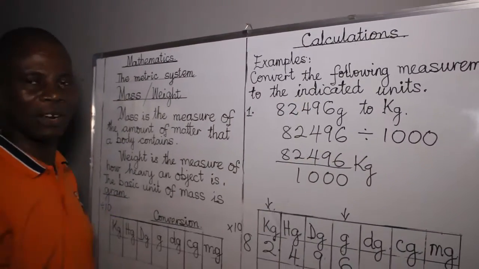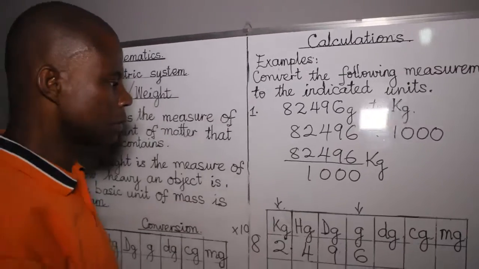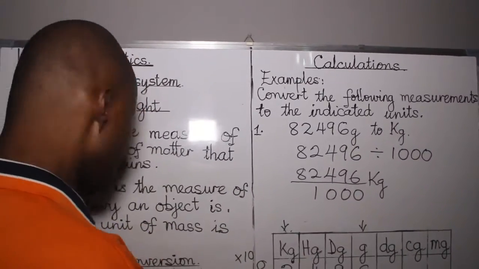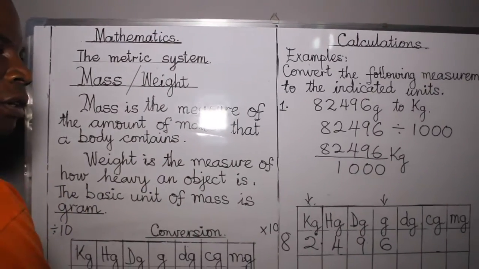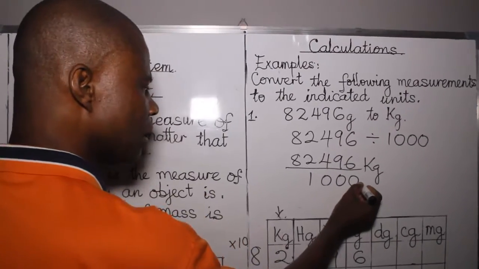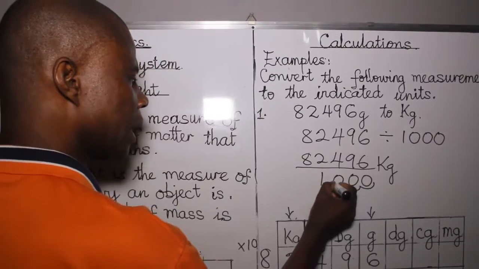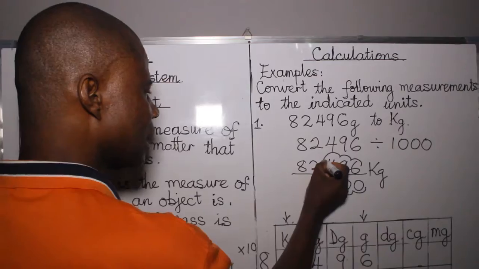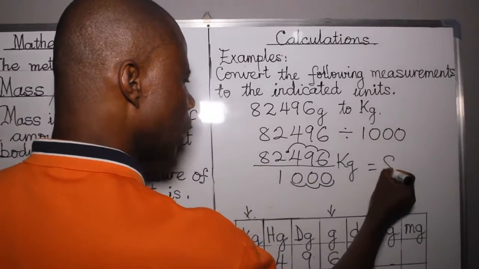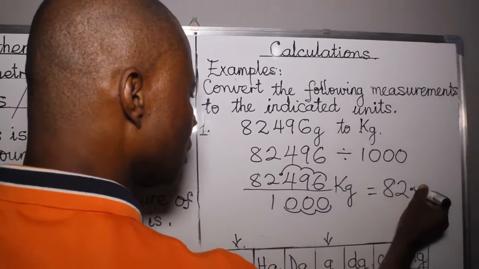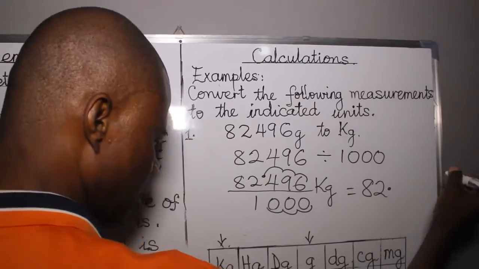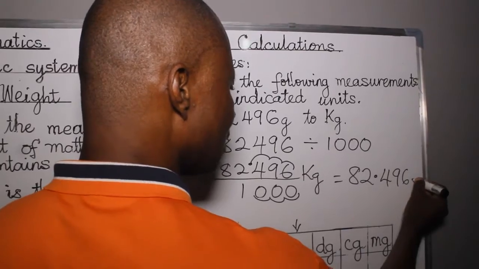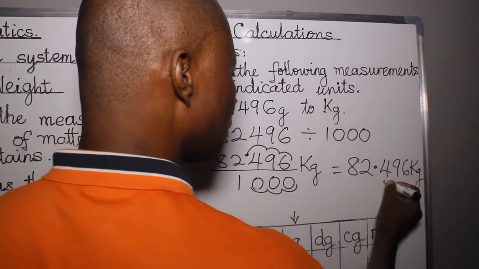Now my answer is in kilogram because I've divided. Before dividing it was in gram, but now it's in kilogram. When it's division, you shift to the left. So from here, you move 1, 2, 3. That brings the decimal point here, which is equal to 82.496 kilogram.